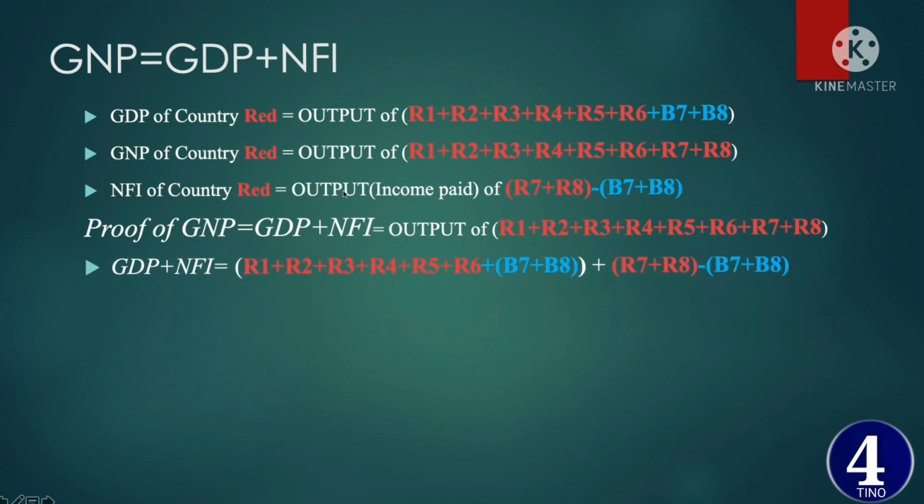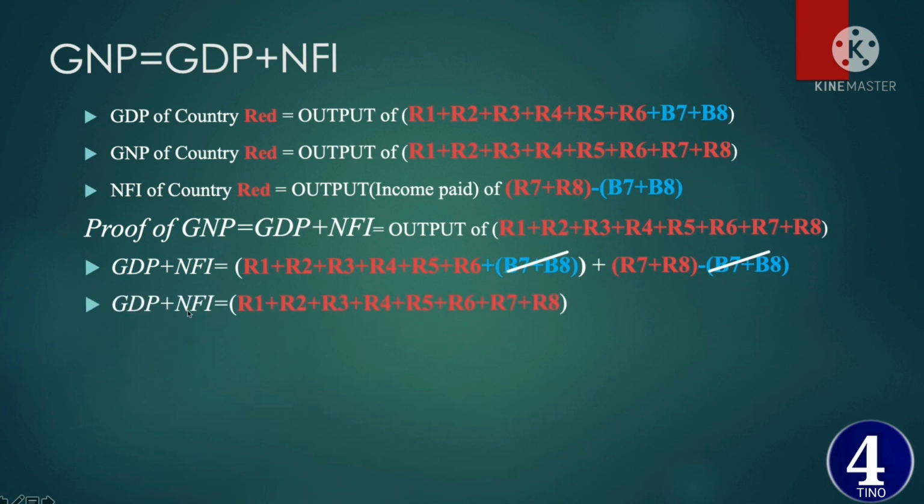Let's prove it. GDP plus NFI means GDP begins from this one, this is GDP, up to B8, from this up to this one, plus NFI is these two. Then using calculation methods, this cancels out this one because this sign is minus. This minus this means it becomes 0. So we are left with the whole reds.